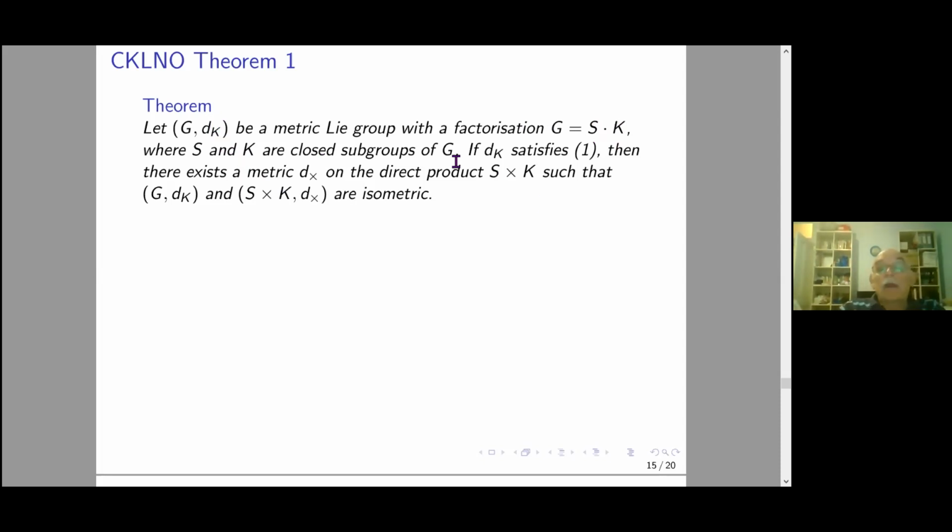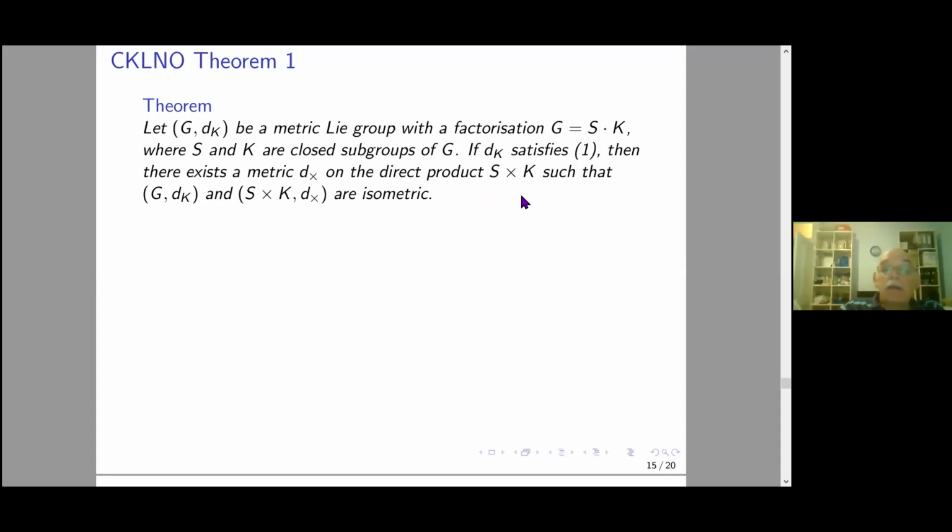It has to have two invariance properties, a left invariance property and a right invariance property. If the metric satisfies this property, then I can take the direct product of these two groups. If I take the direct product, it's not quite the same thing as the original group G. In the direct product, everything here commutes with everything here. But in the original group, the orthogonal matrices and the upper triangular matrices usually do not commute.